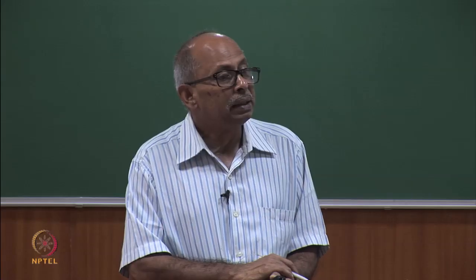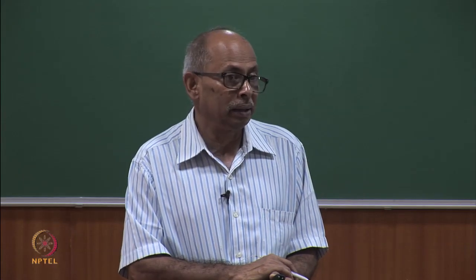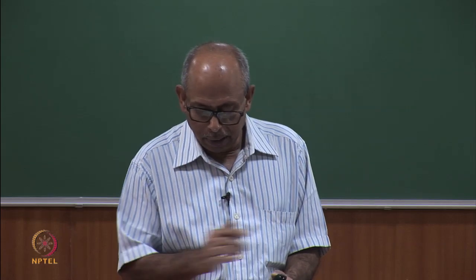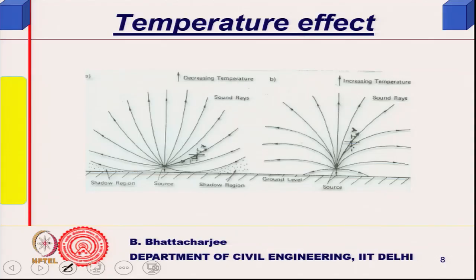The other effect is due to layers of air with temperature change. Temperature change results in different densities of the air layer. If you have increasing temperature, rho of air will be lower, so it will be increasing along this direction, from low to high.